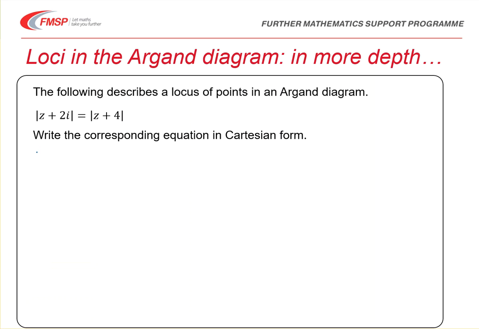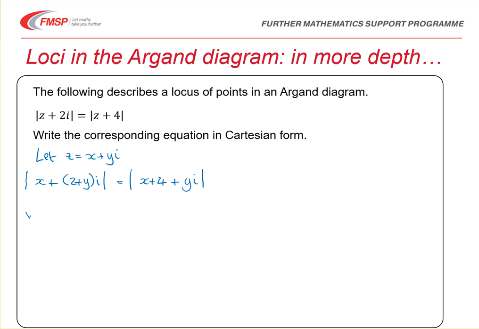In the second example, we start with the same substitution, so we say let z equal x plus yi. If we replace z by x plus iy on both sides of the equation, again gathering real and imaginary parts together, on the left hand side we have the modulus of x plus 2 plus y lots of i is equal to the modulus of, this time we've got x plus 4 as the real component and simply yi as the imaginary component.